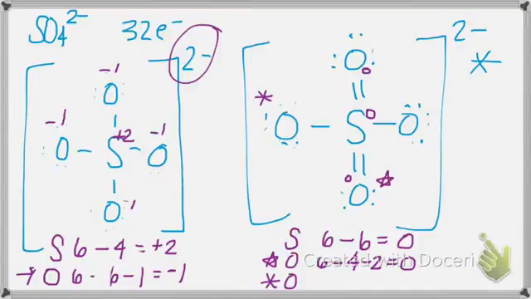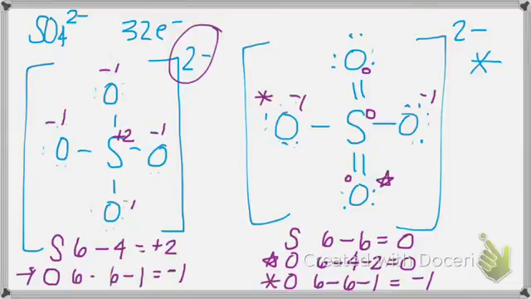Now let's do asterisk O. So I have 6 minus 6 minus 1, which is a negative 1, right? So this one has negative 1, negative 1, and so its overall charge is negative 2, which is what you need it to be. So this is actually the structure of SO4 2 minus.